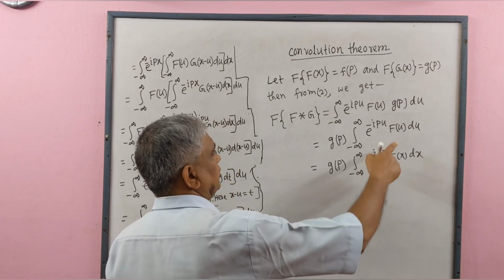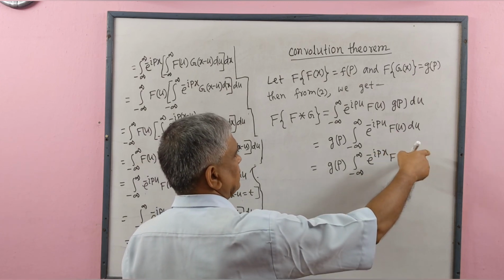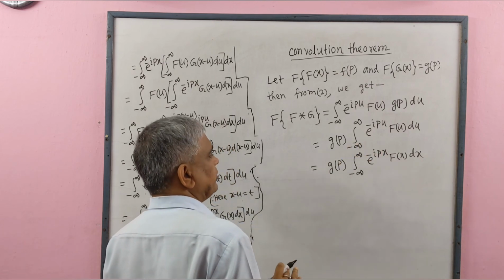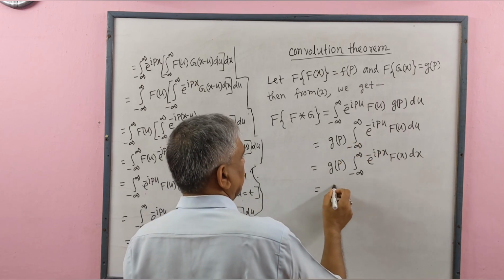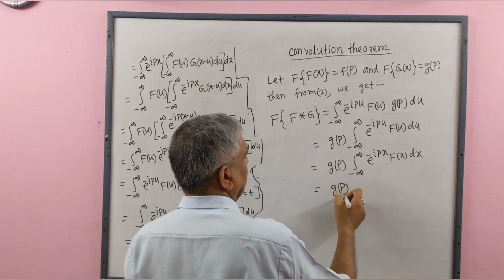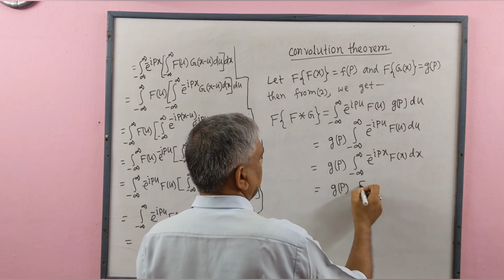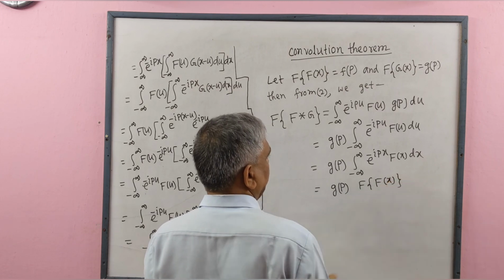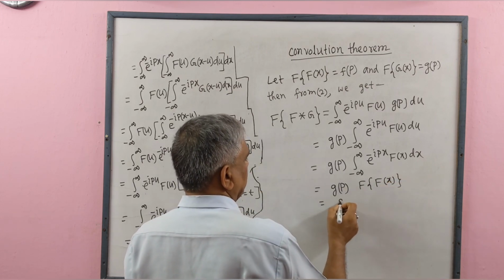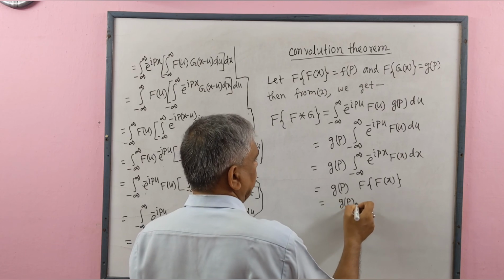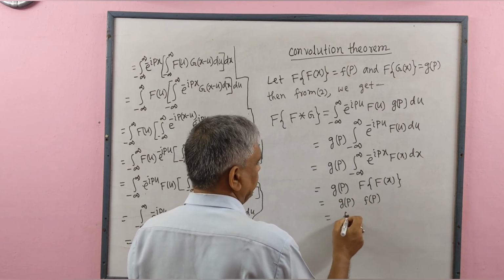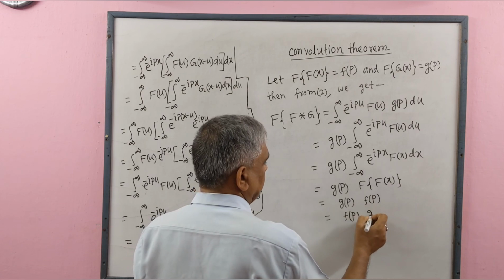We have replaced u by variable x since it is a definite integration, so we may change this variable. This is G(p) and this is the Fourier transformation of capital F(x), that is F(p). We may write this F(p) into G(p).